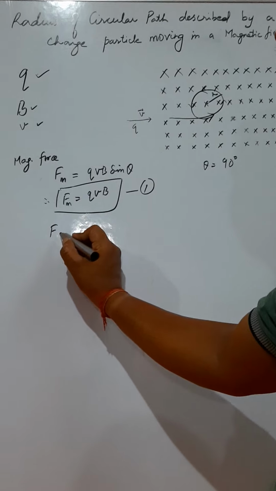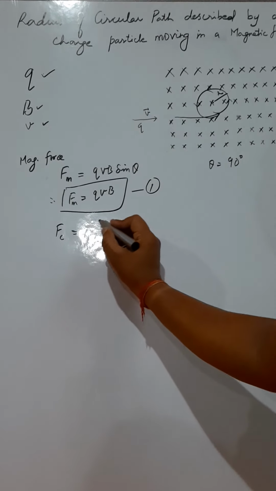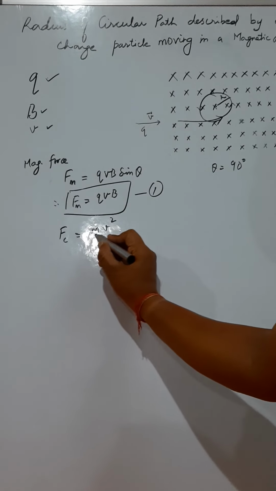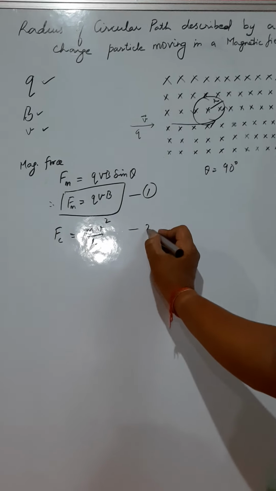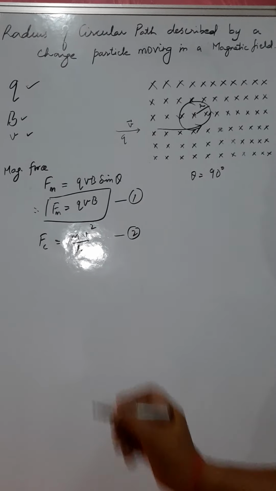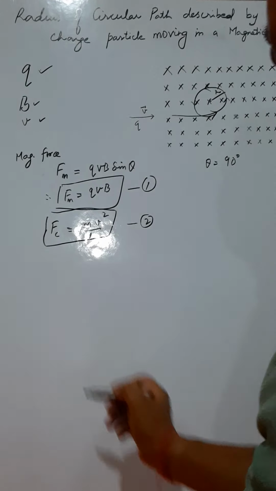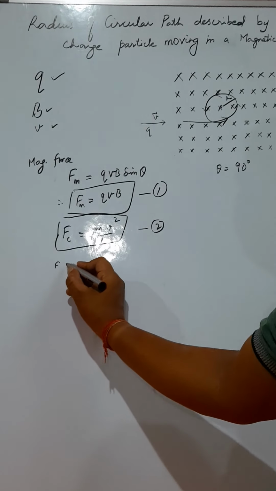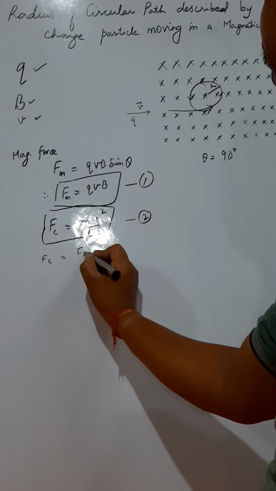The centripetal force on the charged particle of mass m moving with velocity v is mv square over r. Let r be the radius of the circular path. Now the centripetal force is provided by the Lorentz force, so we can write Fc is equal to Fm.